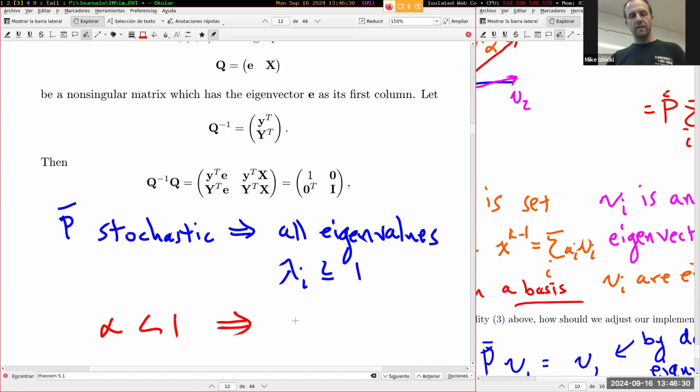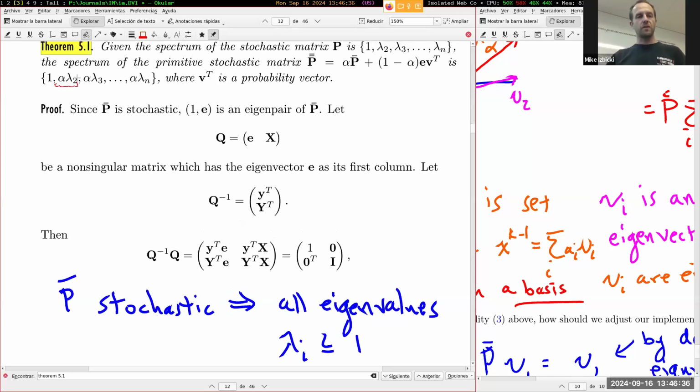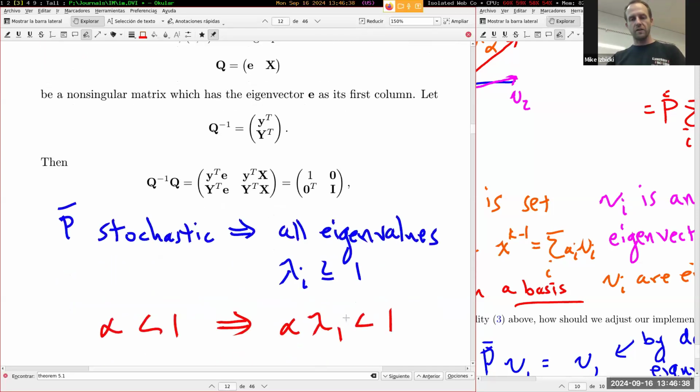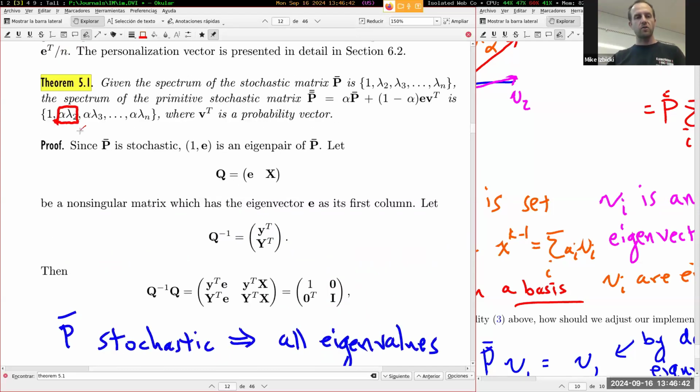I guess they use L2 right here, so I'll change that. Alpha times L2 strictly less than 1. So the top eigenvalue right here is 1. The second top eigenvalue is strictly less than 1, in fact strictly less than alpha.